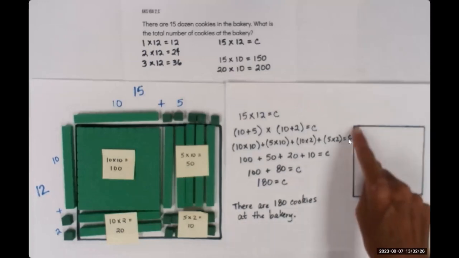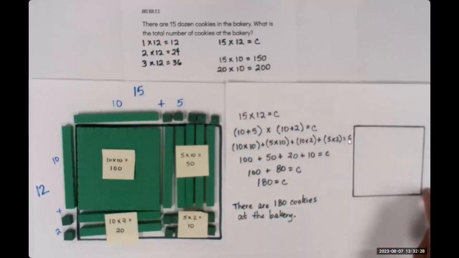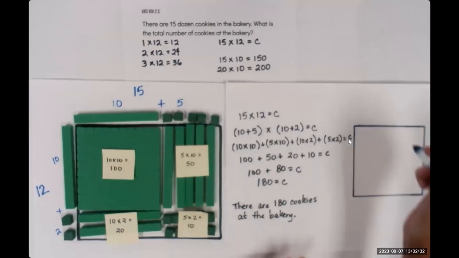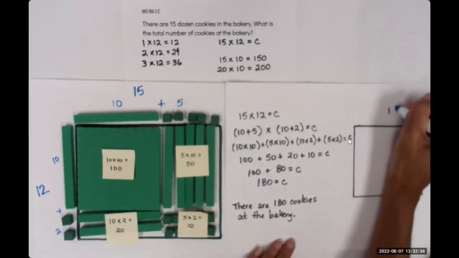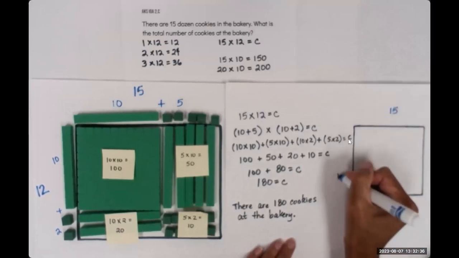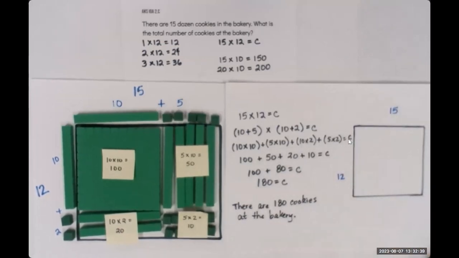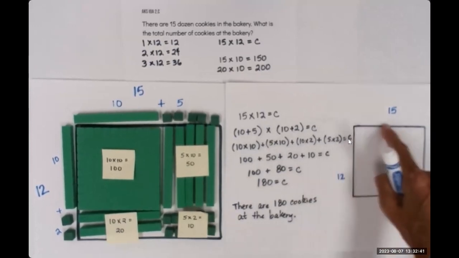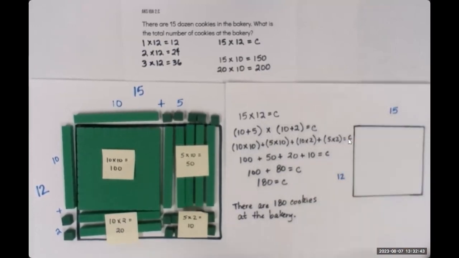So again, I have a rectangle. We're going to multiply the two factors, 15 and 12. 15 will represent the length of the rectangle. 12 will represent the width. And I know that when I multiply the length times the width of a rectangle, I can find the product or the area of this rectangle.